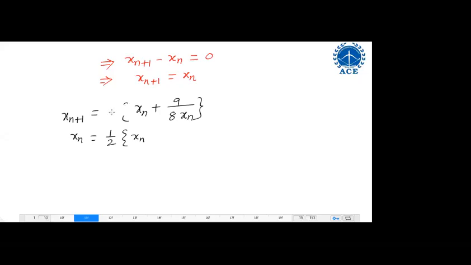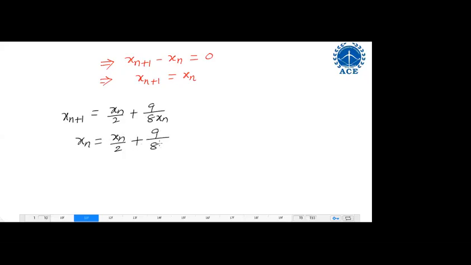The given is xn by 2 plus 9 by 8xn. So xn is equal to xn by 2 plus 9 by 8xn. xn by 2 will go to the left side: xn minus xn by 2.